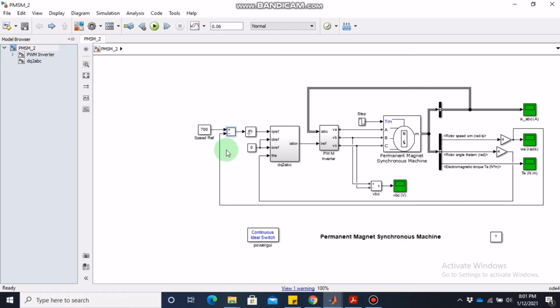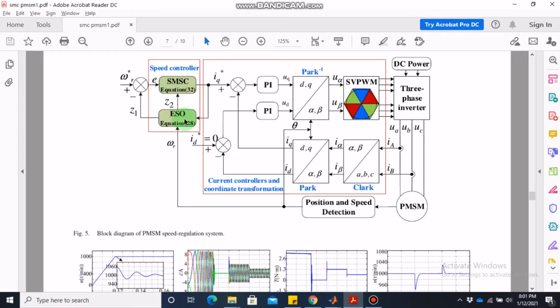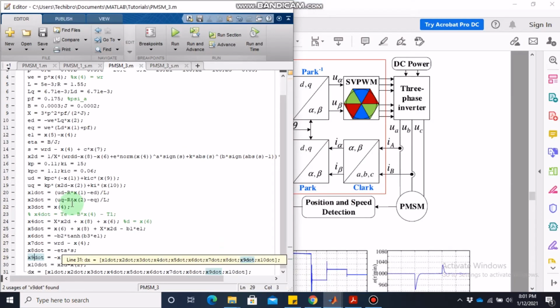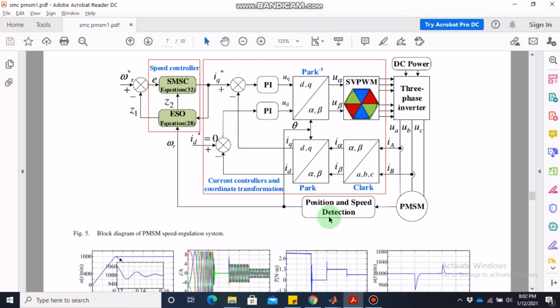Like here there is only one PI controller. You can add the second PI controller. You can add two blocks here, which are basically equation 32 and equation 28 in the paper. We have implemented equations 32 and 28 in our script code, so we don't need to do that in Simulink as well.